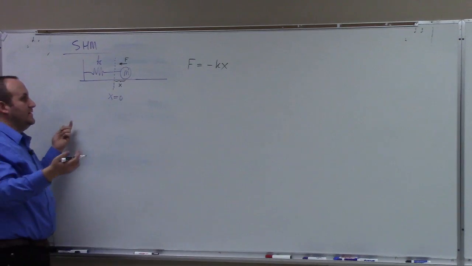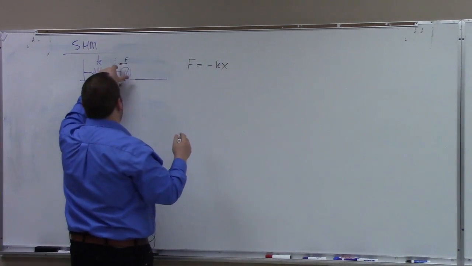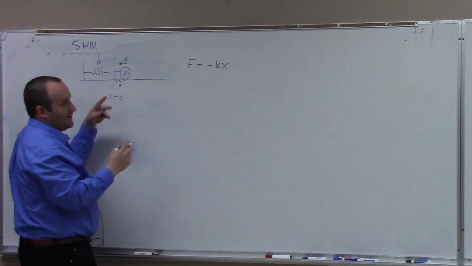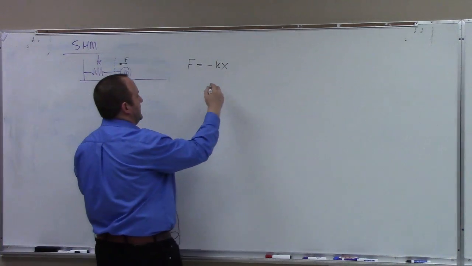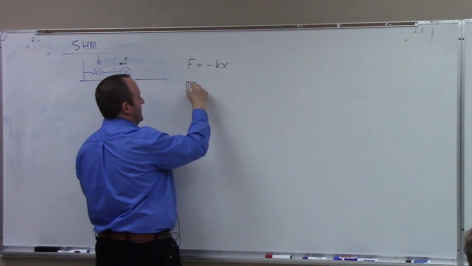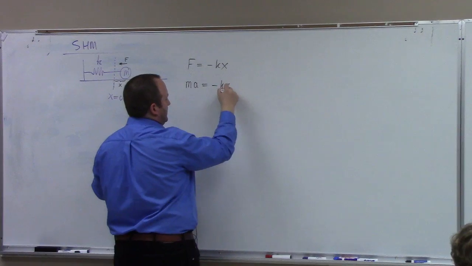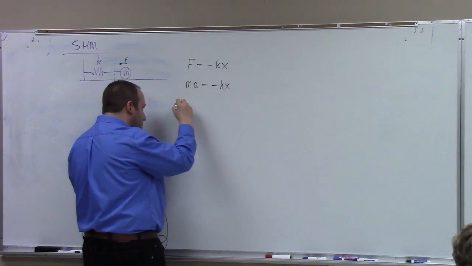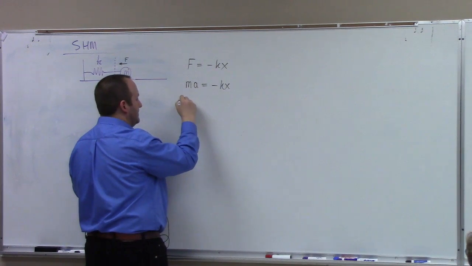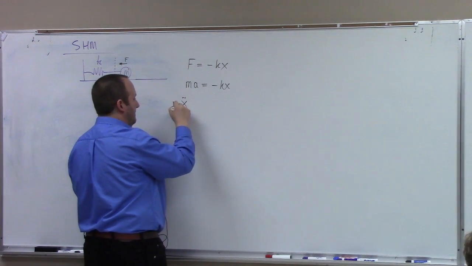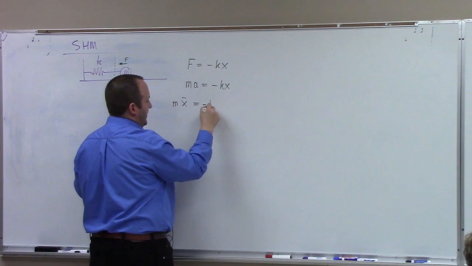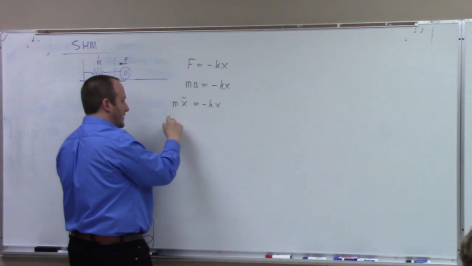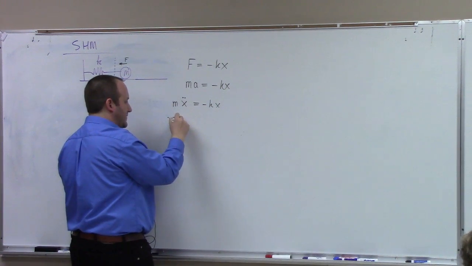Okay, so you solve this. The point is, you have this mass, and we're assuming it's sliding without friction for the moment. And so what this gives you is mass times the acceleration equal to minus kx. So that gives me x double dot times m is equal to minus kx, or I could rewrite this as m x double dot plus kx equals 0.